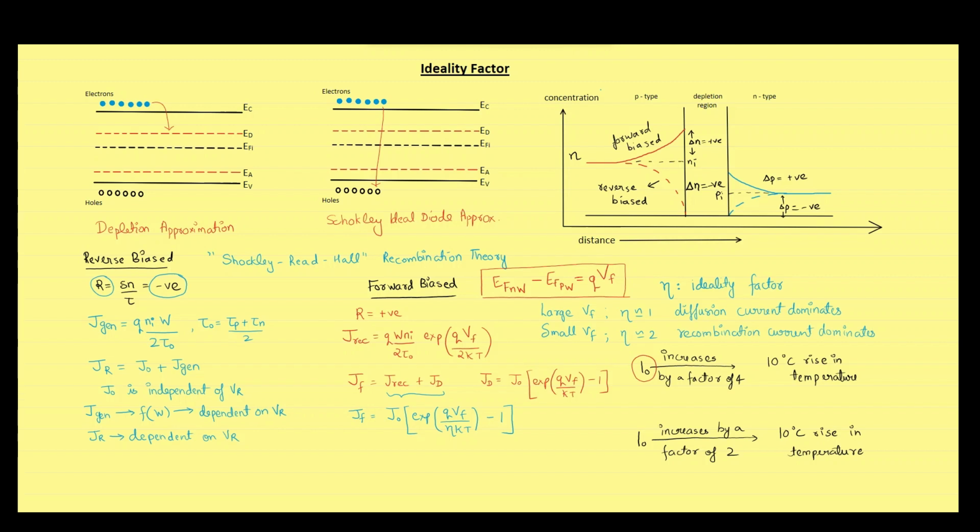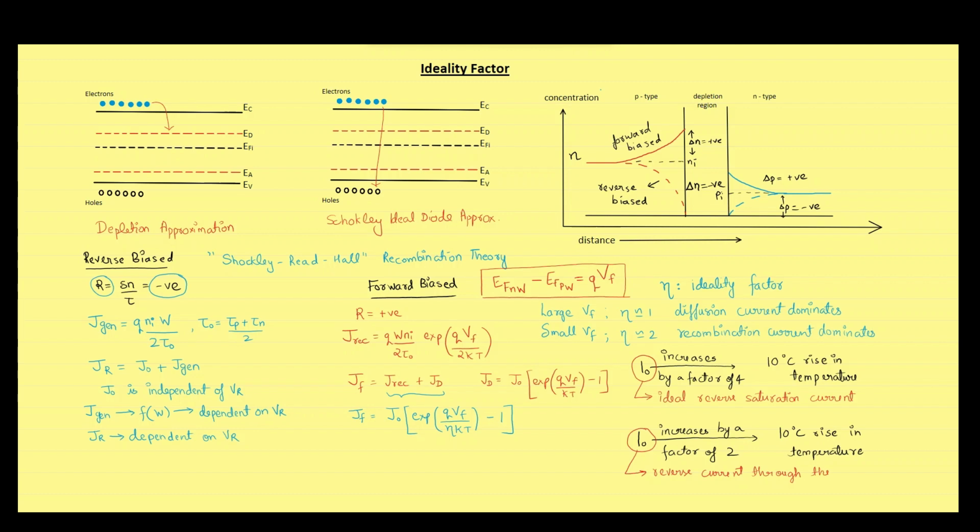When we talk about I0 which increases by a factor of 4, then I0 is actually the ideal reverse saturation current, in which we ignore the recombination current. Therefore, the reverse saturation current increases quite fast with temperature. But here we consider a practical diode, and in such cases, I0 is referred to as the reverse current which passes through the junction.